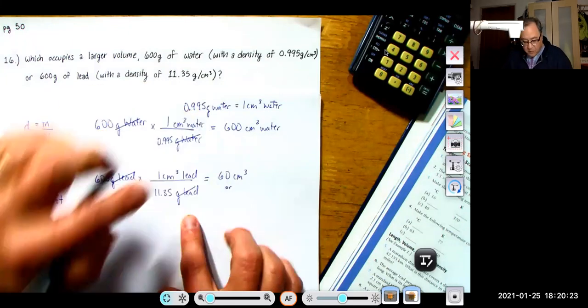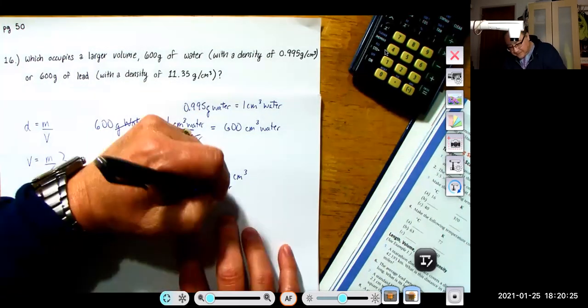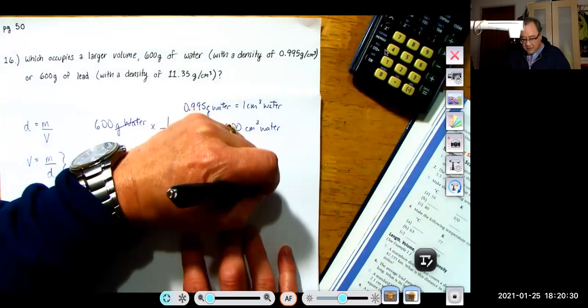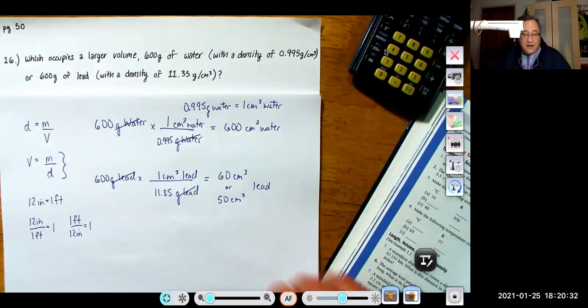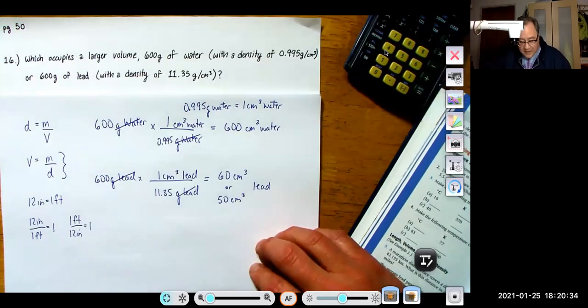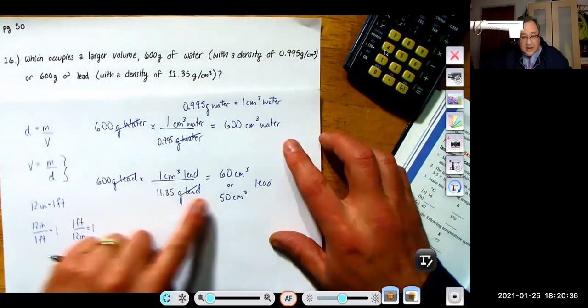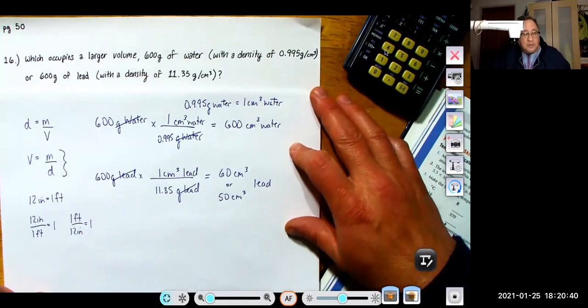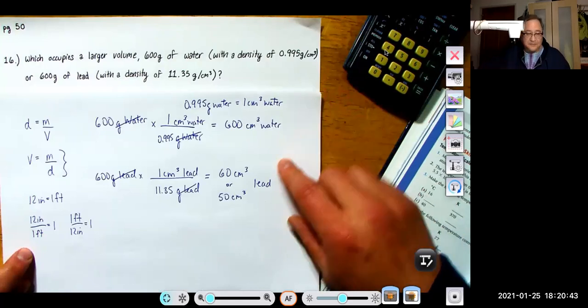But since that's a little bit more than 10, maybe it's more like 50. Now notice I don't have the precise volume. I don't know what it is. Can I answer the problem with the information that I have? And the answer is absolutely. Which occupies the larger volume? The water.